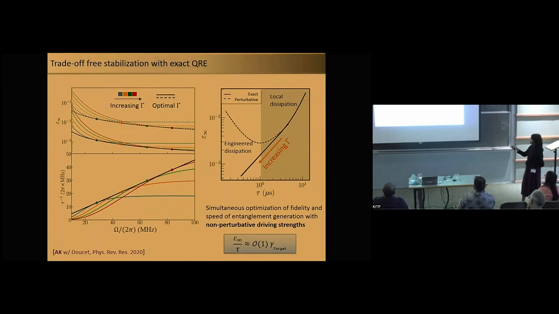Whereas in the perturbative stabilization regime, they are anti-correlated. So it means that I can have non-perturbative driving in these exact entanglement stabilization protocols, where it's not the error times the time which is constant, but the error over time which is the constant. So there is no fundamental bottleneck theoretically.